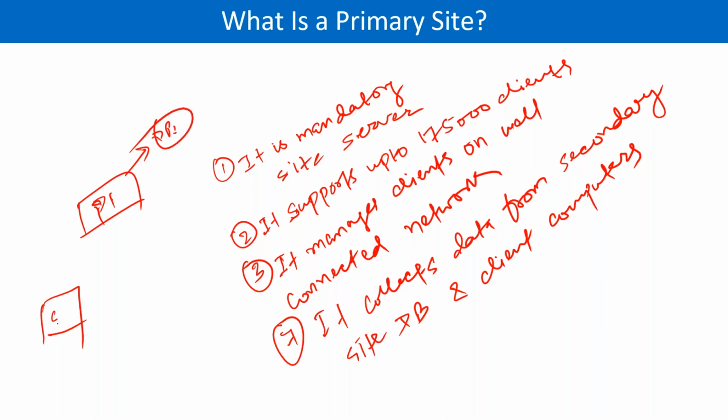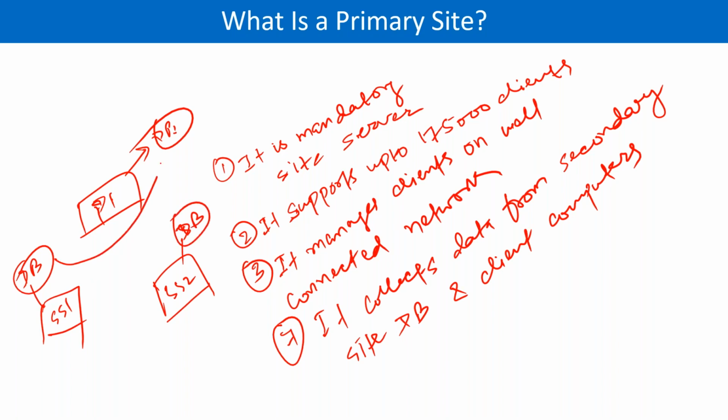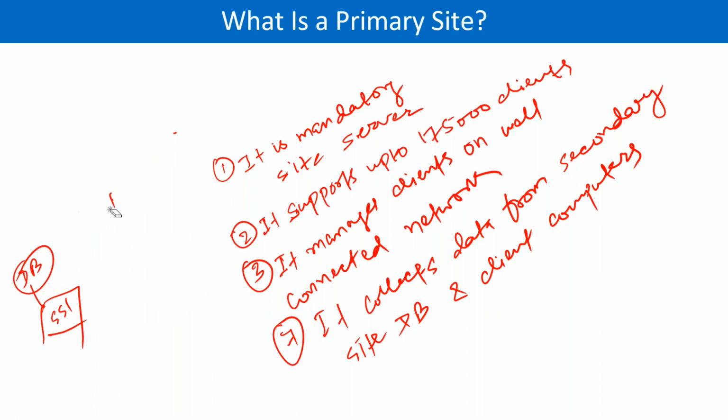Secondary site, let's say SS1, also has a database, and secondary 2 will also have a database. Secondary will send the data to primary like this. So it collects data from the secondary site database and client computers. Understood?